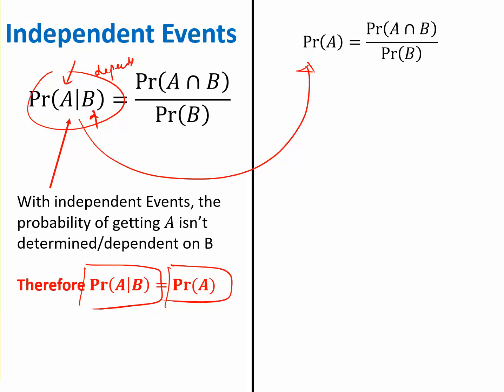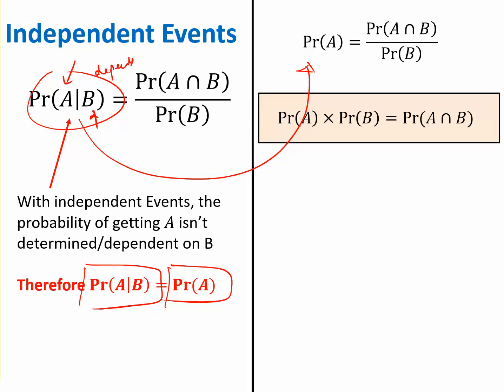It's just finding out the probability of A. So if you rearrange this now, you get PR of A times PR of B equals PR of A intersection B. And that was one of the rules that you had to learn last year, and it's the only rule that, if they asked you about independent events, you had to prove. You just needed to prove that if event A times event B equals the intersection, they're independent.